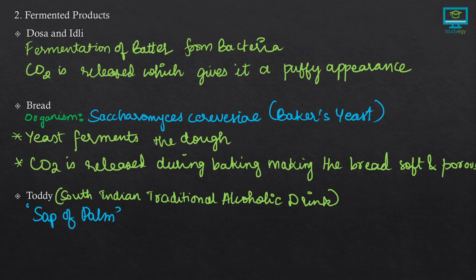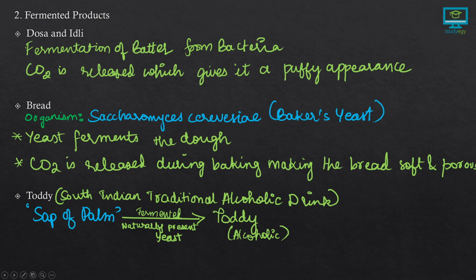The sap of palm is fermented to yield toddy. The naturally present yeast ferment the sap and make it alcoholic.